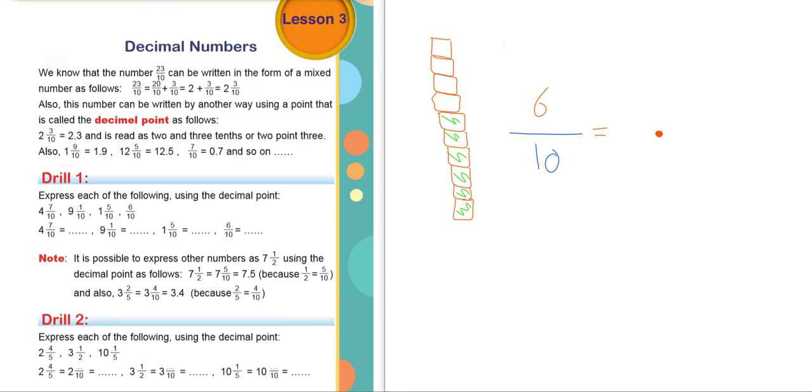How many digits do we have in the numerator? Here we have 1 digit. We start from the right, and here we have 6, so put 6. And there is no other number, so put 0 here because there is no whole number. And this is called 6/10.